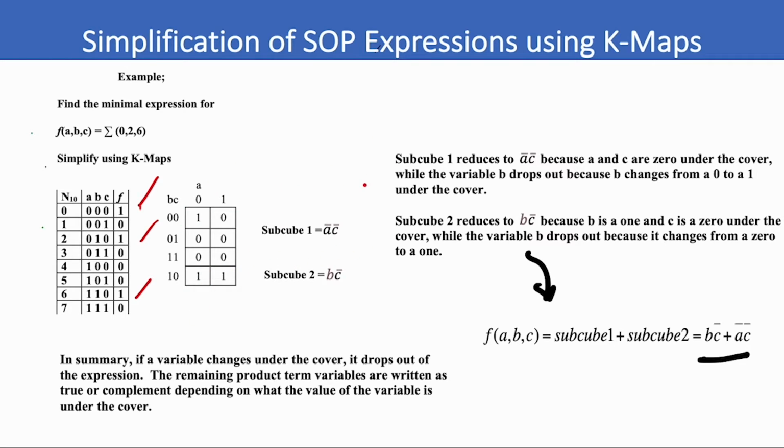So let's minimize these. First of all, we're going to introduce something called a cover. And a cover means you're going to circle the ones in your Karnaugh map. The idea is you want to circle all the ones in your Karnaugh map, and once you've circled them, you can write the function from those circled terms. You can circle a single one, that's called a cover.